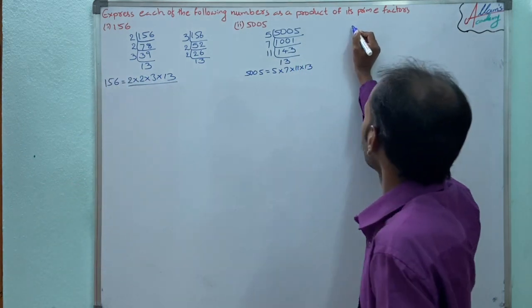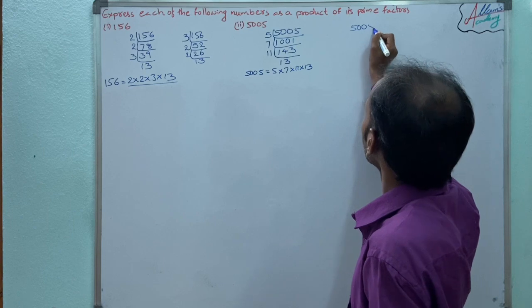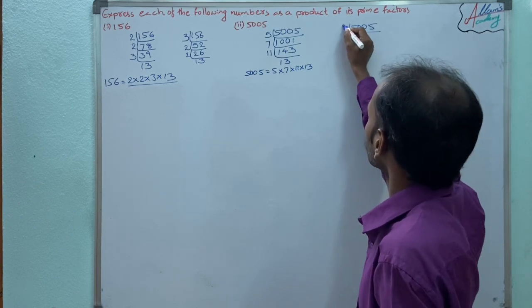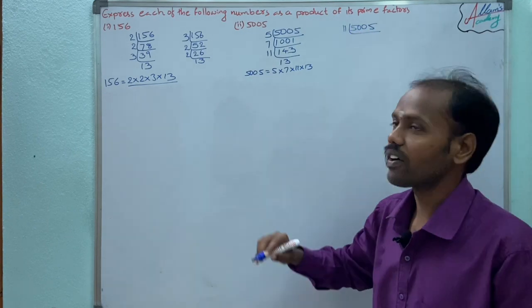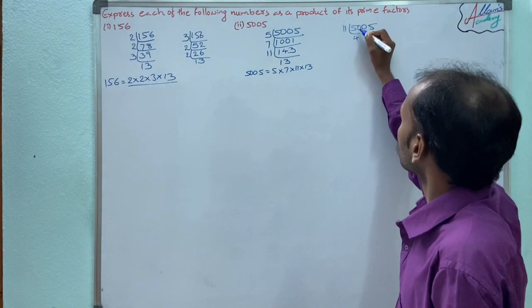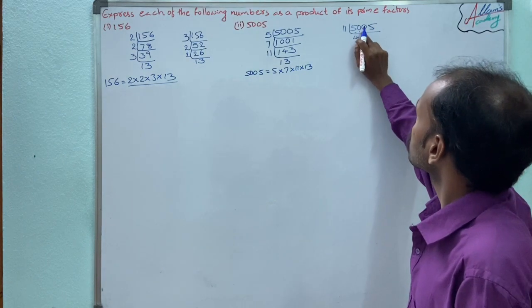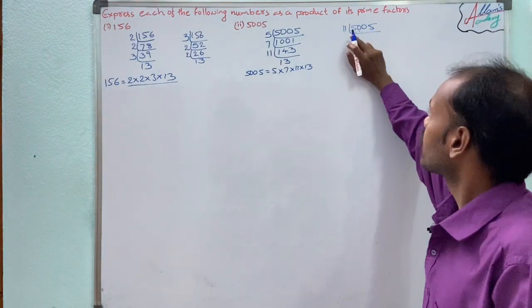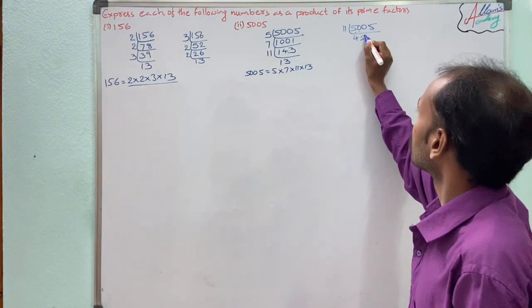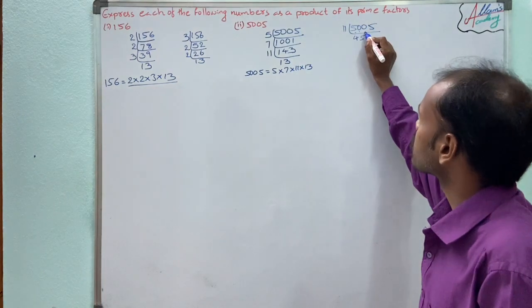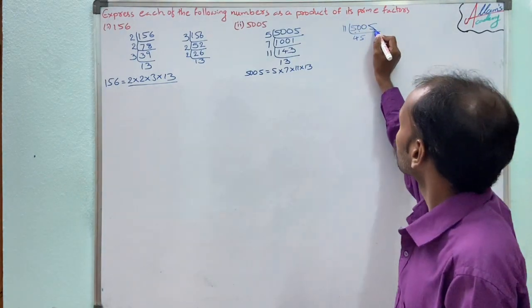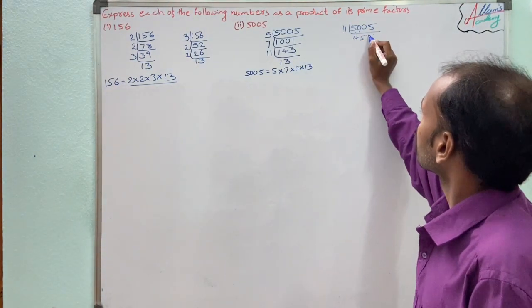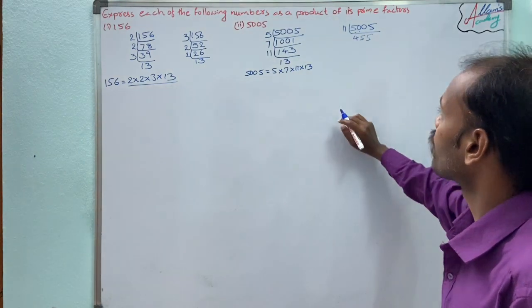Now we can do this in another form also. Now it will be divisible by 11. 11 fours are 44, so here the remainder is 60. 60 goes in the 11 table, 11 fives are 55, so 5 is the remainder, giving 455.